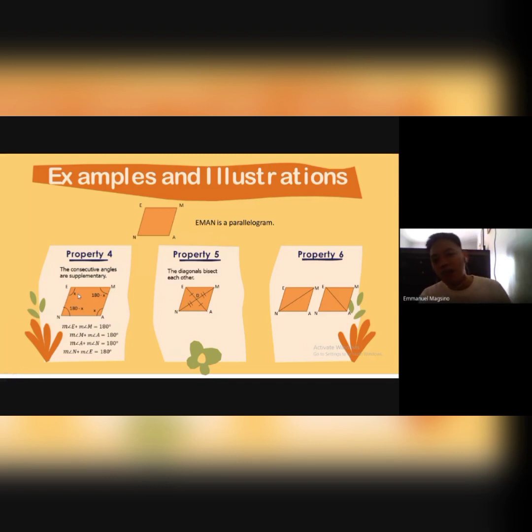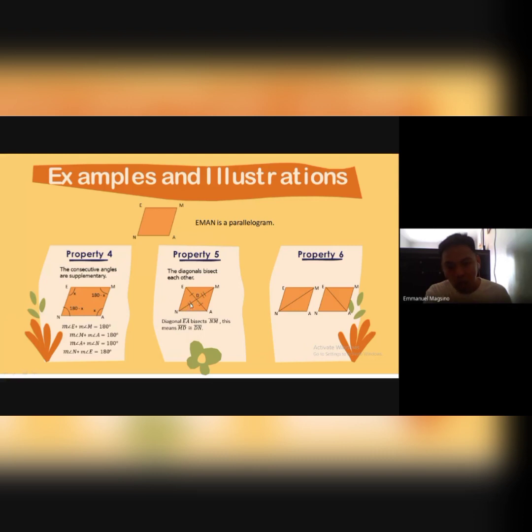Next, property 5, diagonals bisect each other. So ano ba yung diagonals na tinatawag? Ito po siya. Itong line segment MN at line segment EA, itong dalawa. Diagonals po ang tawag natin diyan. So for example, if diagonal EA bisects line segment NM, ibig sabihin, yung line segment MD, ito ay congruent po sa DN.